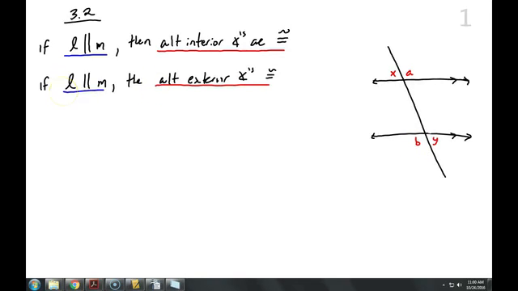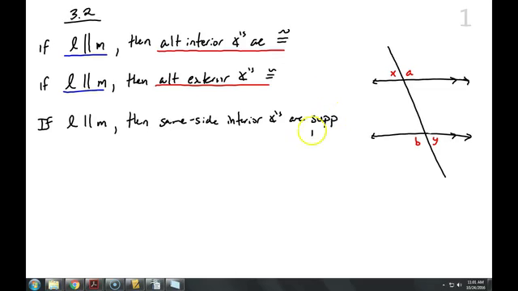Okay, and then the third theorem basically said that if L was parallel to M, then same side interior angles are supplementary, or they add up to 180 degrees.